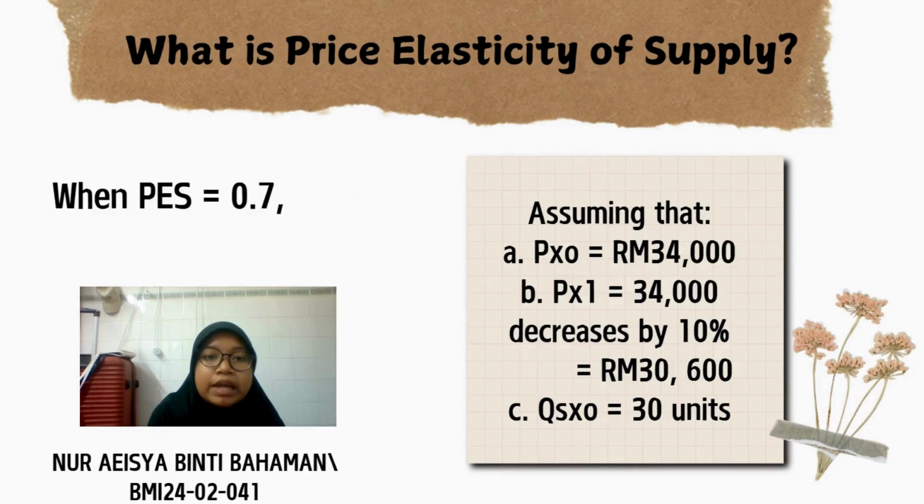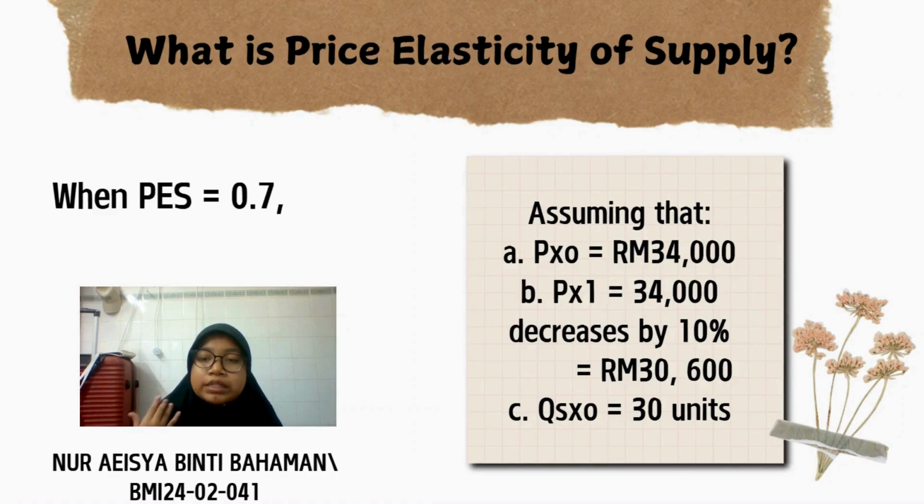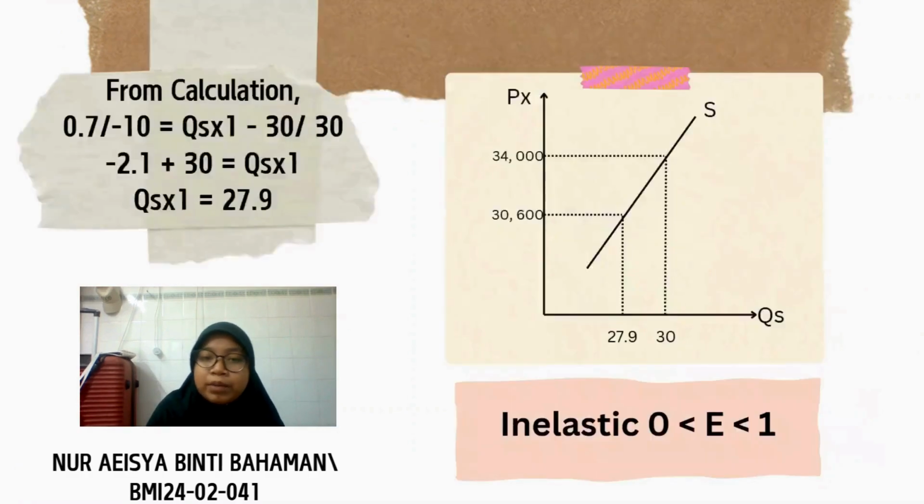So when PES is 0.7, assuming that the price of the old one is 34,000 and the price of the new one decreases by 10%, which gives 30,600, and the quantity supplied of the old one is 30 units. From the calculation, we get that the quantity supplied of the new one becomes 27.9.